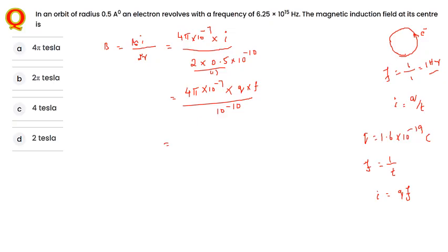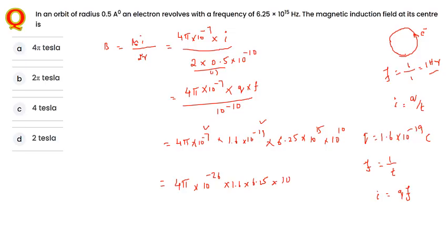The charge is 1.6 into 10 power minus 19, and the frequency is 6.25 into 10 power 15, and the denominator 10 power minus 10 in the numerator will become 10 power 10. Now you just add these together, and what you are going to have here is 4 pi into 10 power minus 26, and into 1.6 into 6.25 into 10 power plus 25.